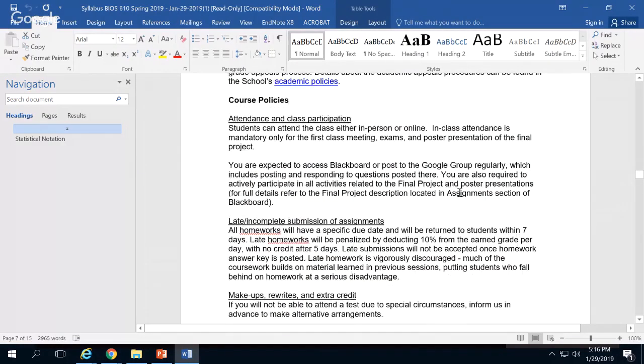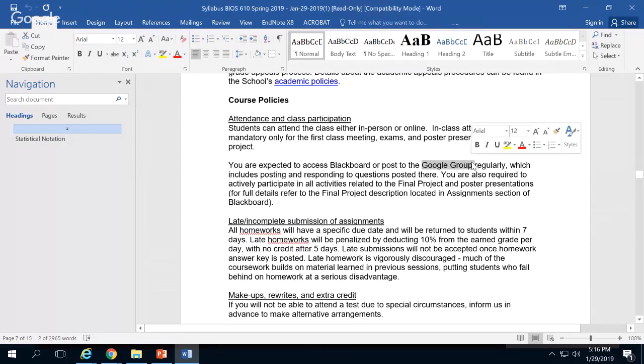Course policies. Oh, I should mention I will create a Google group. We'll determine this for sure in the next week whether we're going to use Blackboard or Google Group.